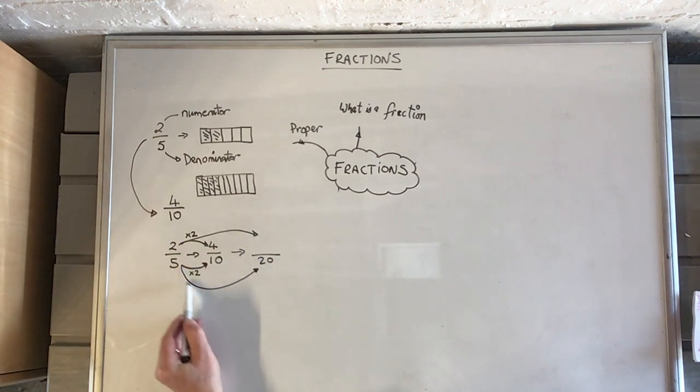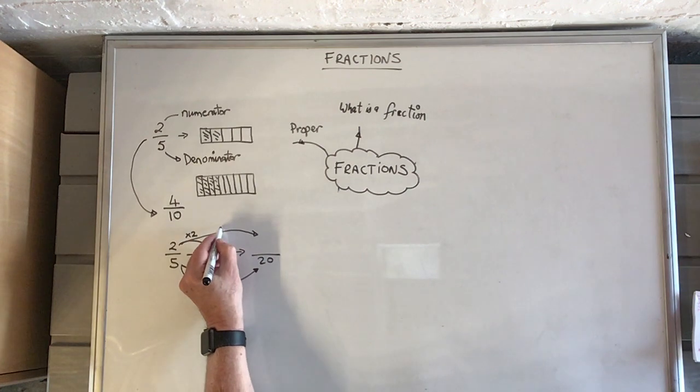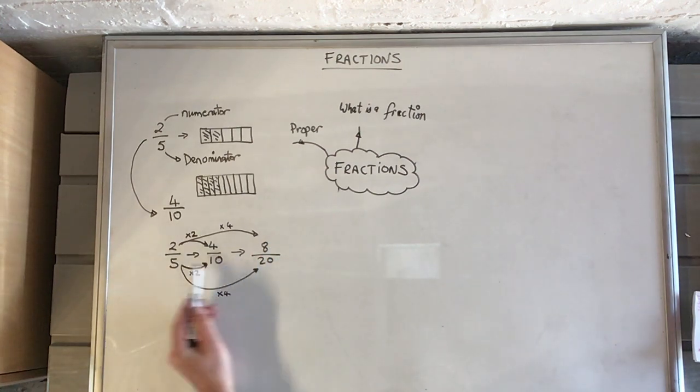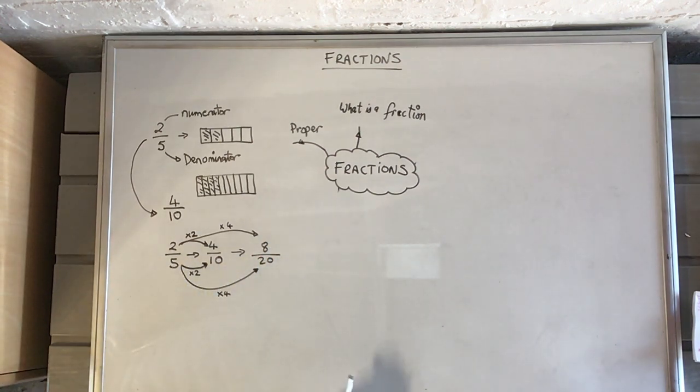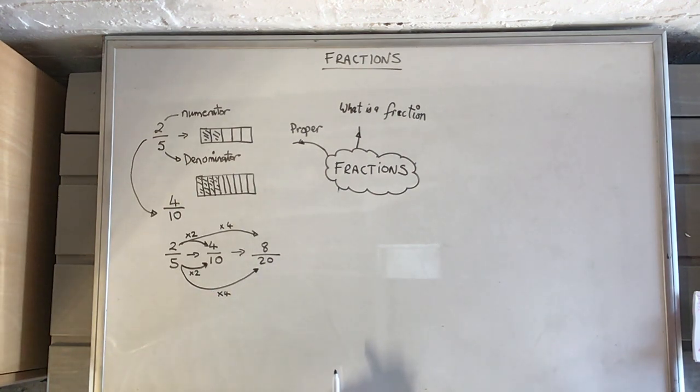Well, 5 times something gives me 20, so that'd be times 4 this time. I times this by 4, so that's 2 times 4. I get 8. And that's exactly the same again. And we can do that with any fraction. Take any number, multiply top and bottom by it, and we get an equivalent fraction.